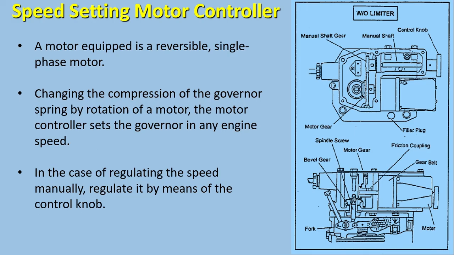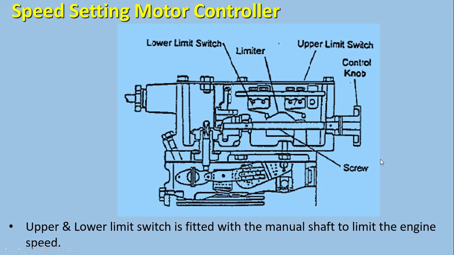In case we want to regulate the speed manually, we can also regulate the engine speed by the manual control knob. Here you can see this one is a manual control knob.